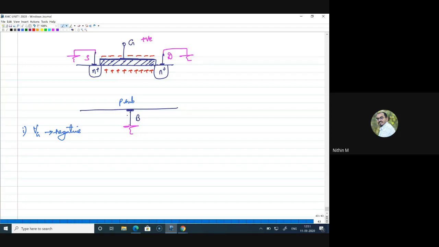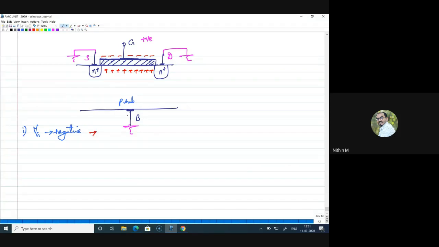So what happened here when you applied a negative charge on the gate, with respect to the body? It is negative with respect to the ground, so you are applying a negative VG.